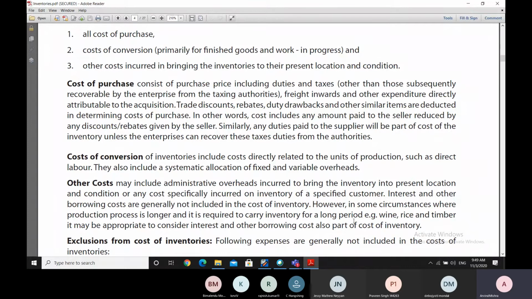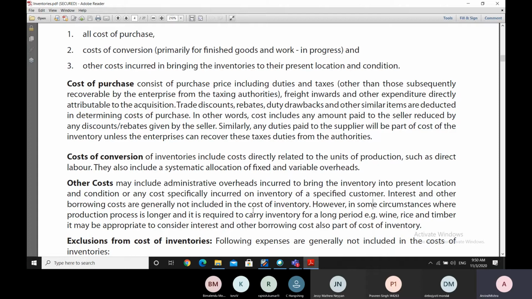So you have to remember this, that interest cost will not ordinarily be included, but for the processes which are longer in nature, it may be appropriate to consider the interest as part of the borrowing cost, because there the interest is affecting the cost of the valuation of the inventory, because constantly the items are not being sold so fast.